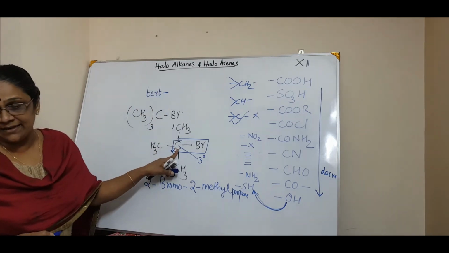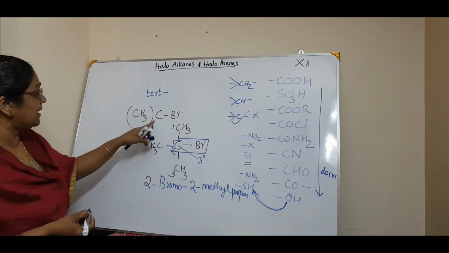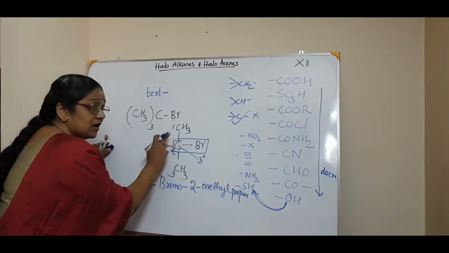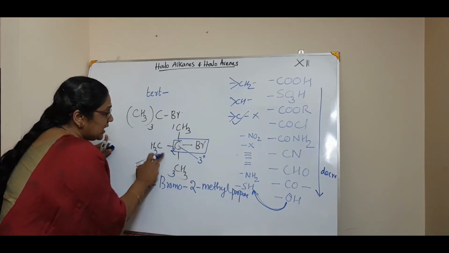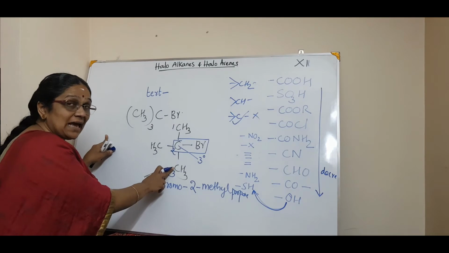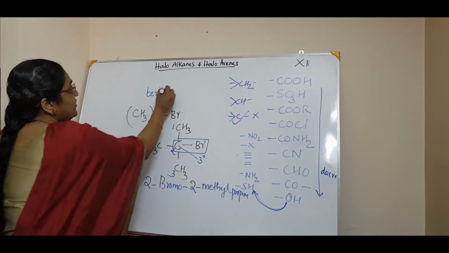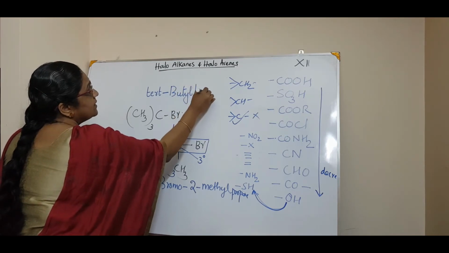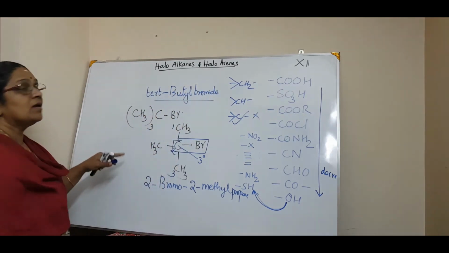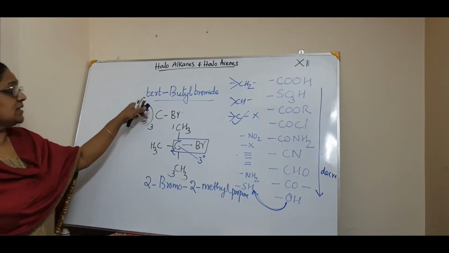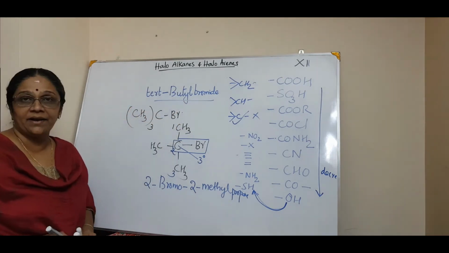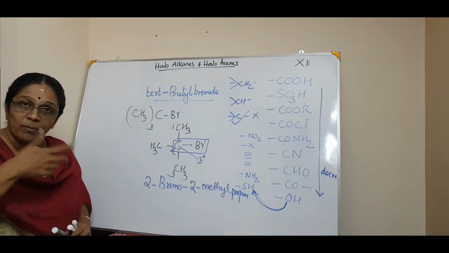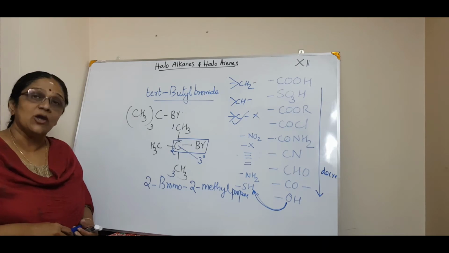Then butyl. Now how many carbon atoms? It is an alkyl halide, so count them: 1, 2, 3, 4. So what is that alkyl? Butyl. So it will be tert-butyl bromide. Now I hope you get the idea of how you name it, the common name as well as the IUPAC name.